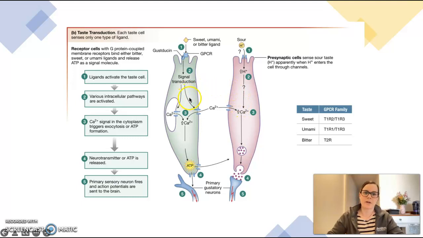On the other half, we have our G protein coupled receptors. This is going to be sweet, umami, and bitter. What's going to happen is your ligands are going to bind and they're going to activate your taste cell. That's going to stimulate this protein gustducin, and then your signal transduction is going to begin.